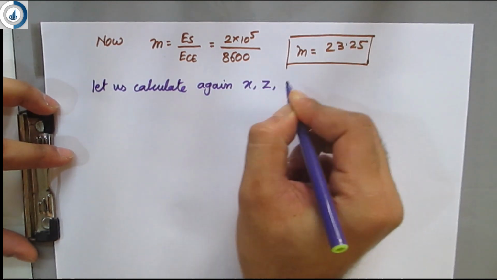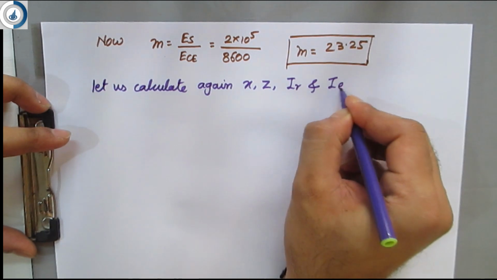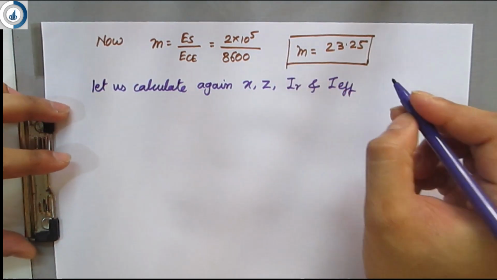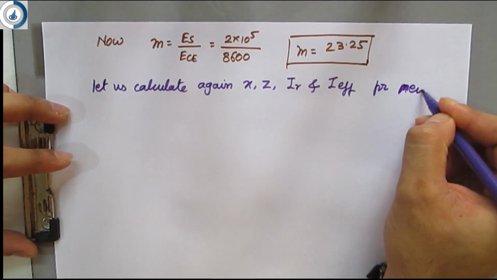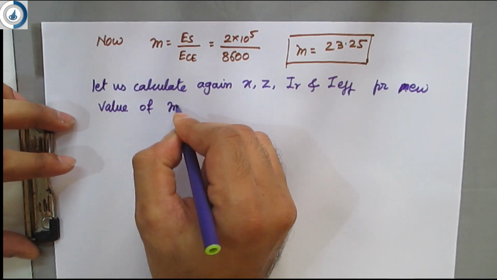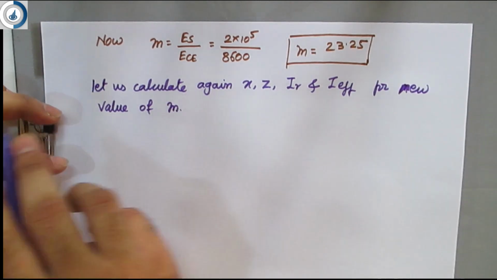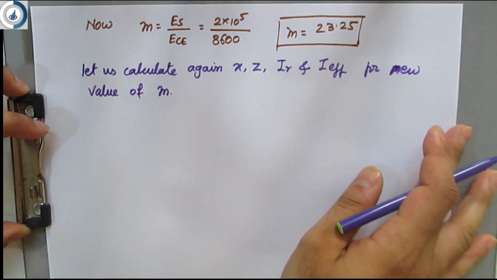X, Z, IR and I effective, okay, for the new value of M. The formula remains the same, nothing changes. You have to use the same formula to find out the neutral axis depth.